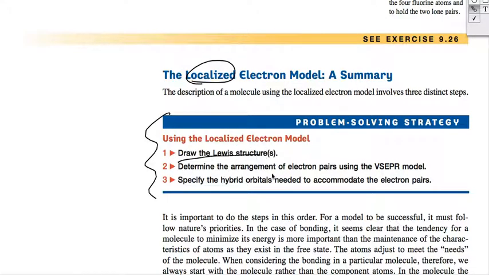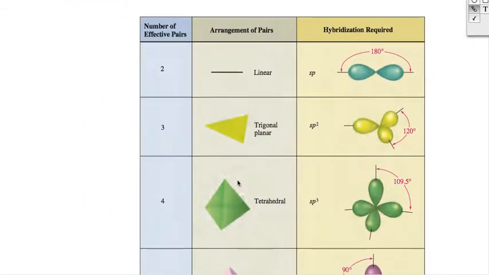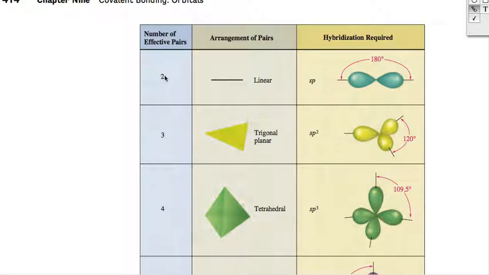Then you determine how many different electron pairs there are using the VSEPR model, and then you just match it up with the possible hybrid orbital selections. Okay, so it's just this easy. After you draw the Lewis structure, you figure out how many electron pairs there are, and then that is going to lead you to what kind of hybridization is involved.